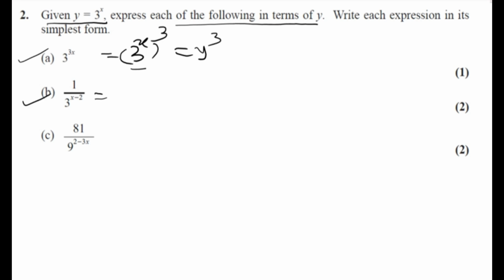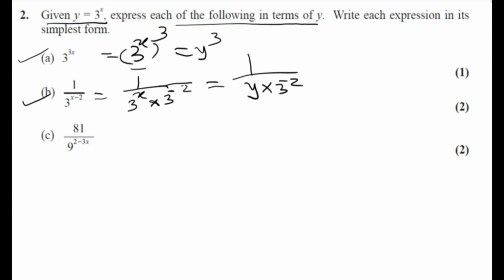B. 1 over 3 to the power x minus 2. How can I rewrite this one? So 3 to the power x times 3 to the power minus 2, because when we have a multiplication, we can add the powers. So x plus minus 2, which is x minus 2. So same thing, I rewrite it. 1 over 3 to the power x, that is y, times 3 to the power minus 2.